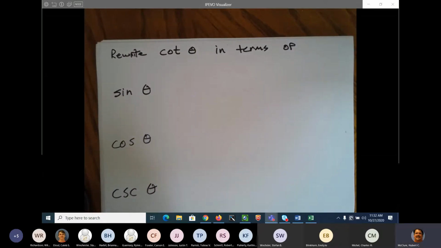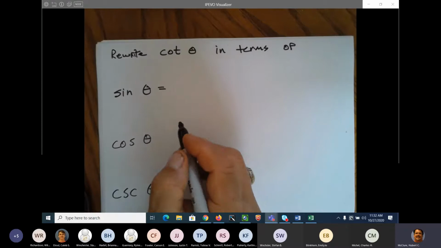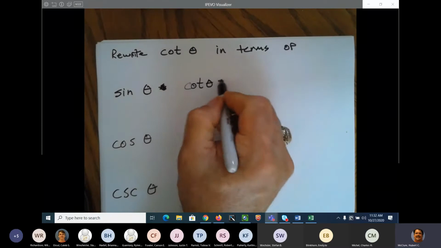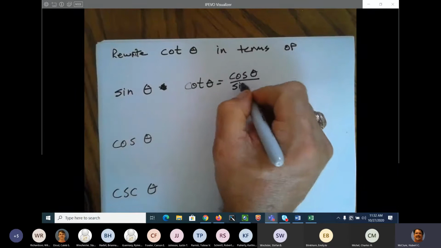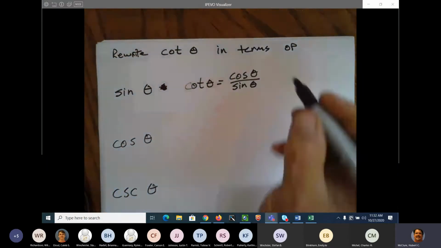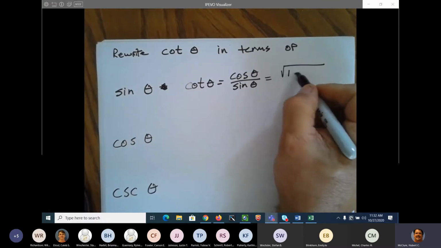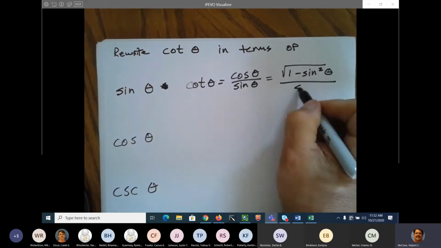Okay, now the first thing I'm going to do is rewrite cotangent. Cotangent is equal to cosine over sine. And the cosine is equal to the square root of 1 minus sine squared, over sine.